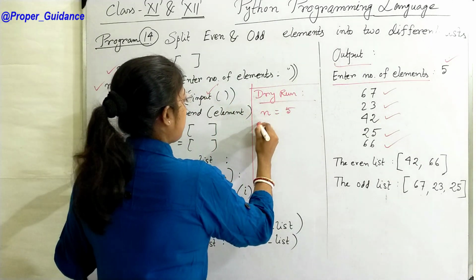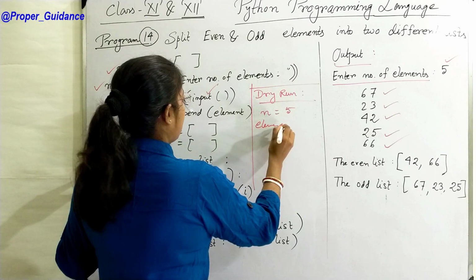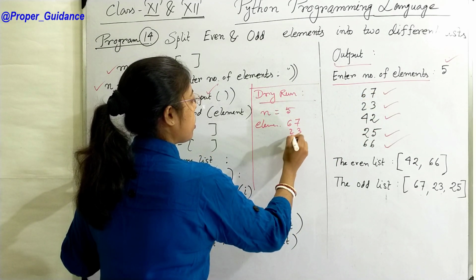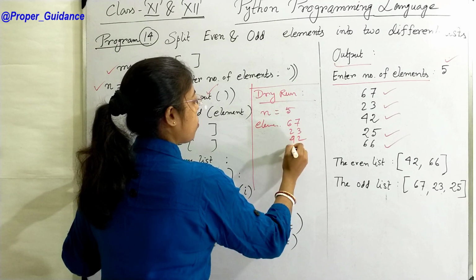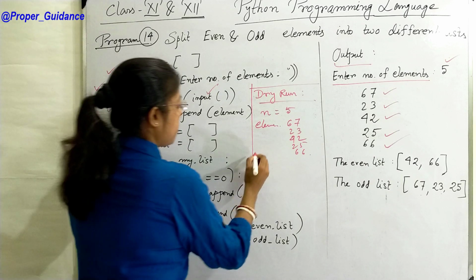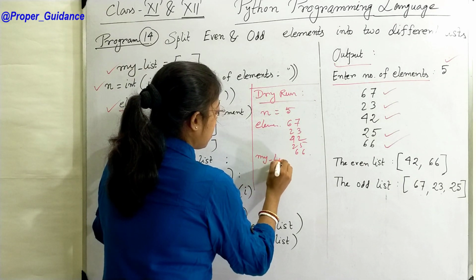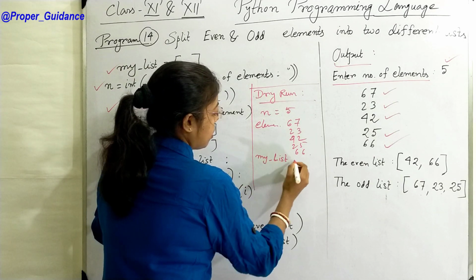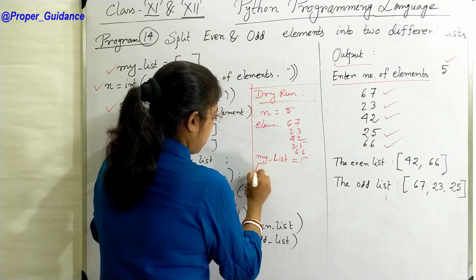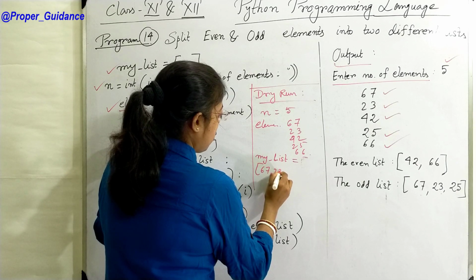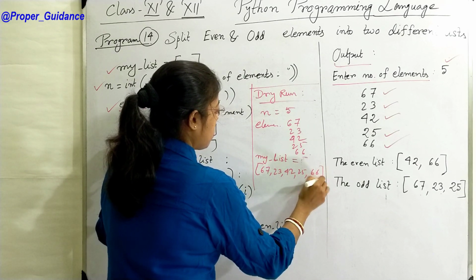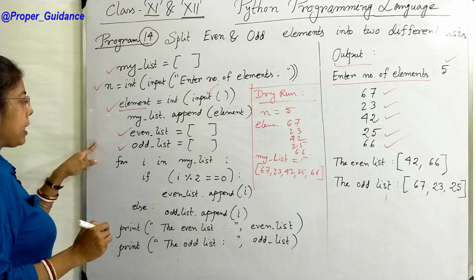After that, the elements are these numbers: 67, 23, 42, 25 and 66. After that, my list looks like this: 67, 23, 42, 25 and 66. This is my list.